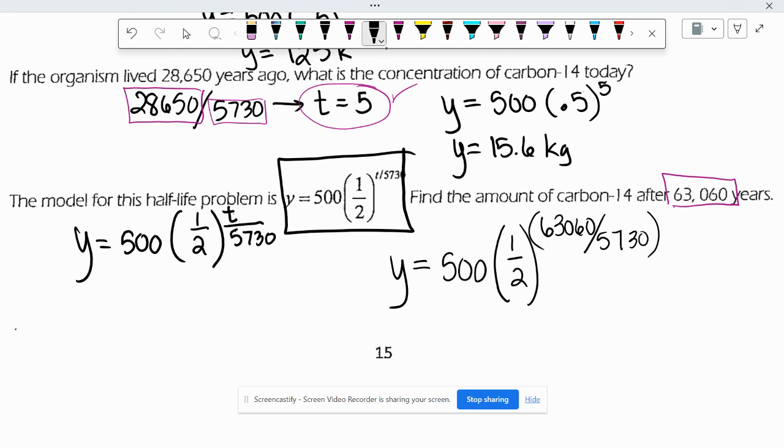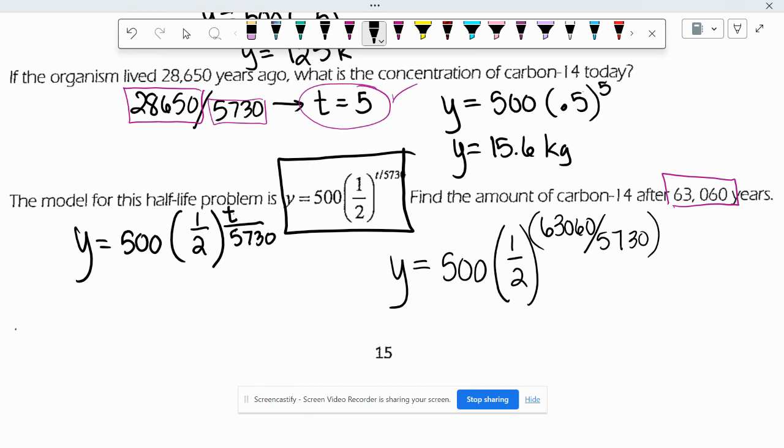You just have to make sure that you put a parenthesis after you put your caret button. So you're going to do 500 times 0.5, and then hit the caret button, parenthesis, 63060 divided by 5730. Close your parenthesis. If you use a parenthesis, it'll put all of that in the exponent value.